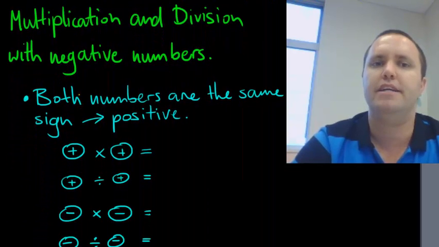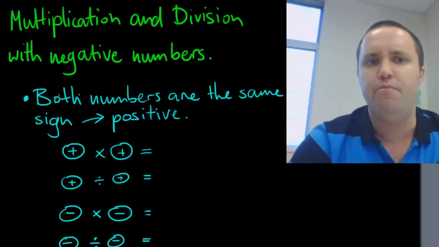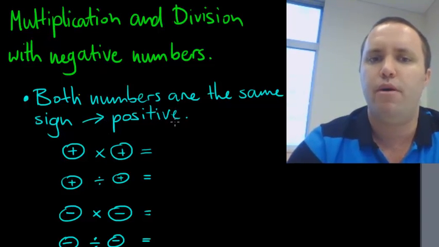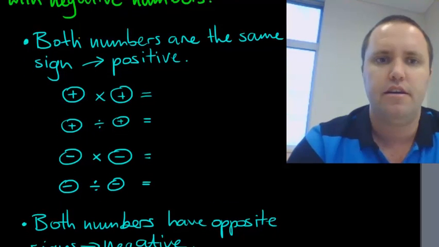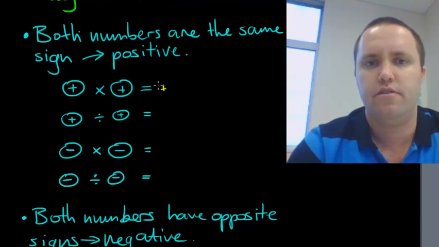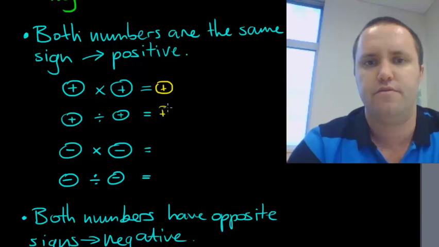Right, multiplication and division with negative numbers. If both numbers are the same sign, you will have a positive answer. Okay? So positive times positive is positive. Positive divided by positive is positive. Negative times a negative is positive. Negative divided by negative is positive.